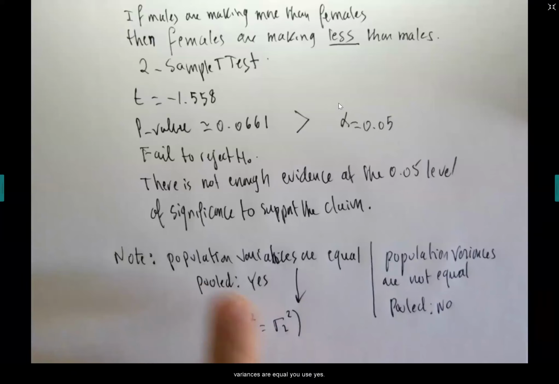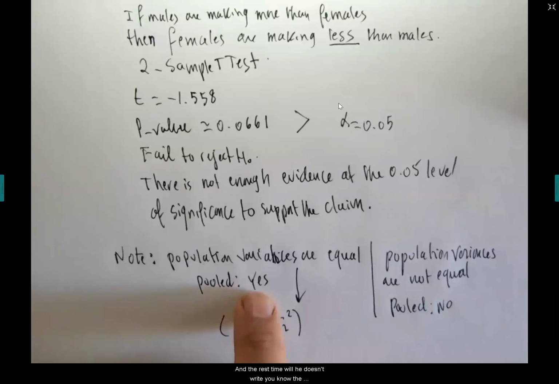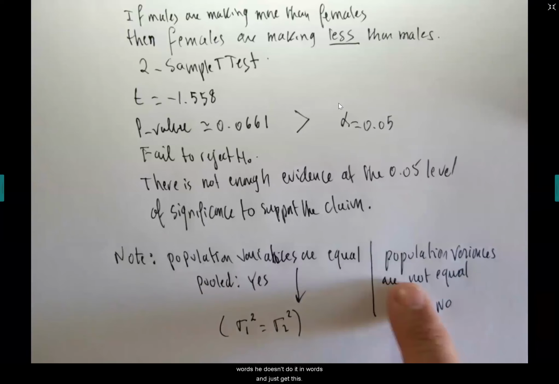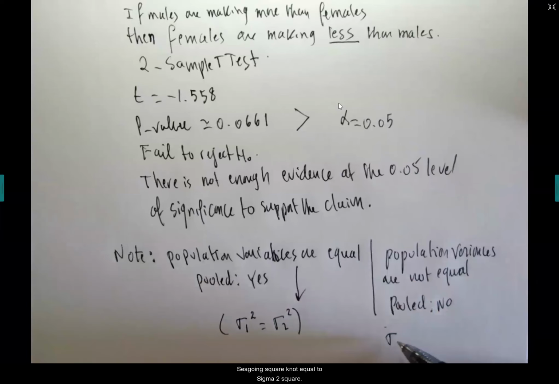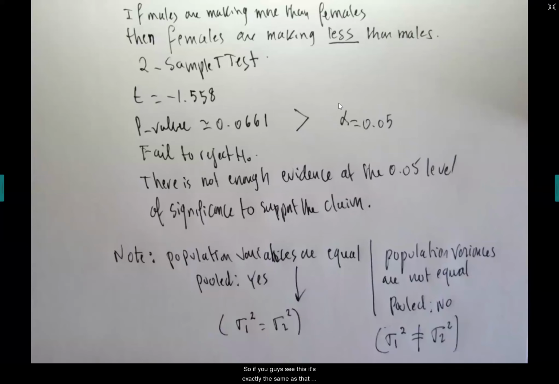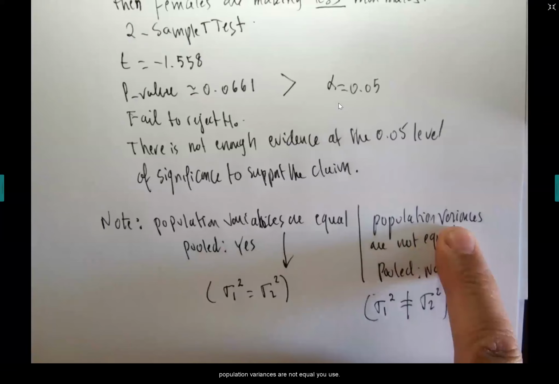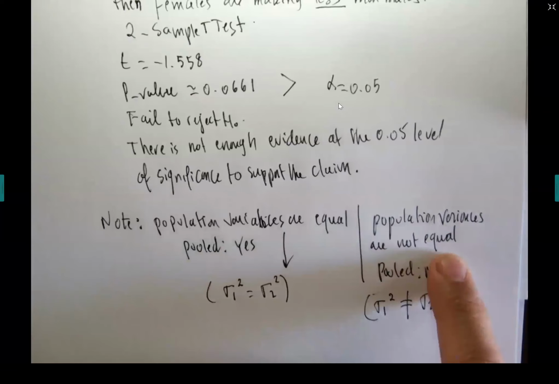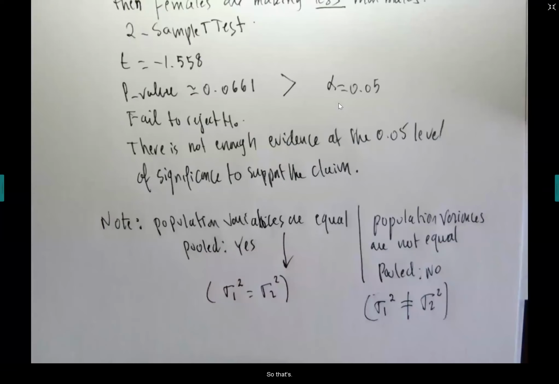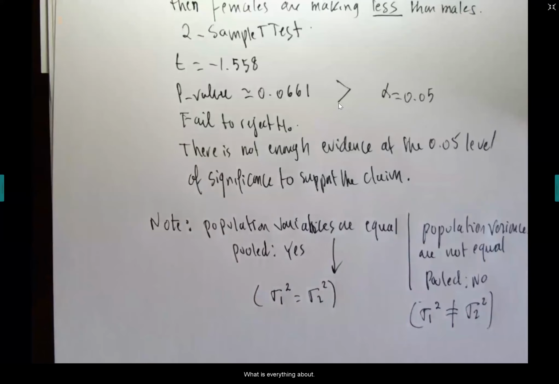You use yes. And there are times where he doesn't write the words. He doesn't do it in words. And just get this. Sigma 1 squared not equal to sigma 2 squared. So if you guys see this, it's exactly the same as that. Population variances are not equal. You use no.